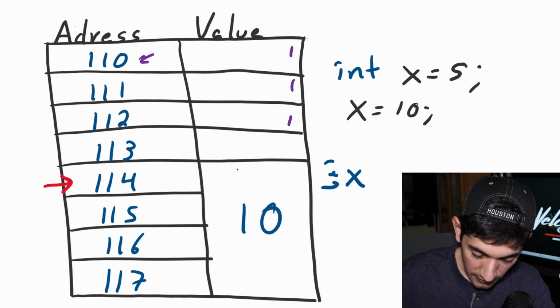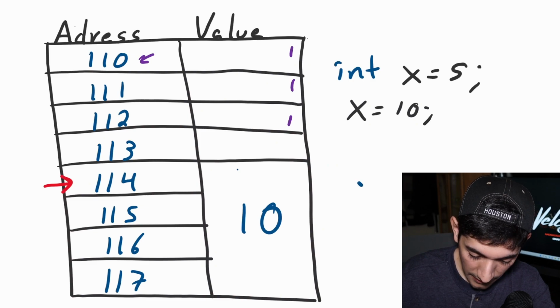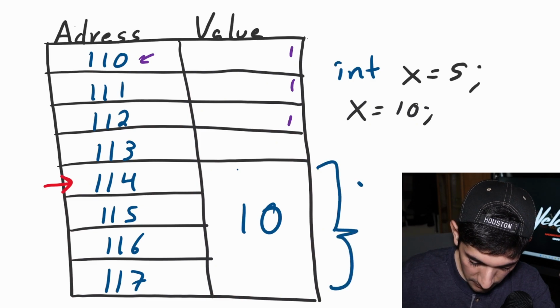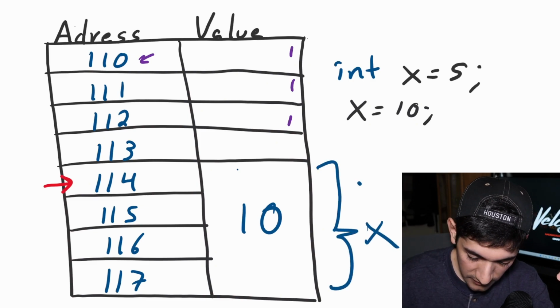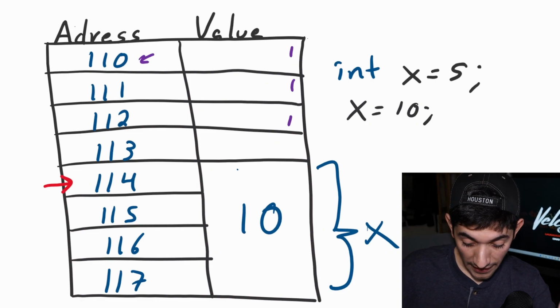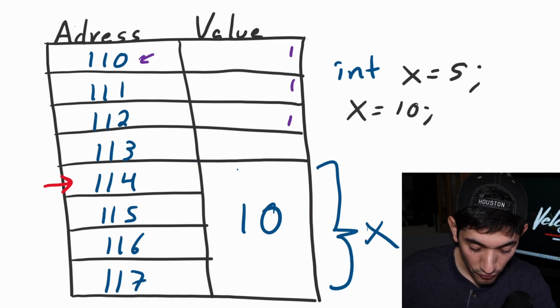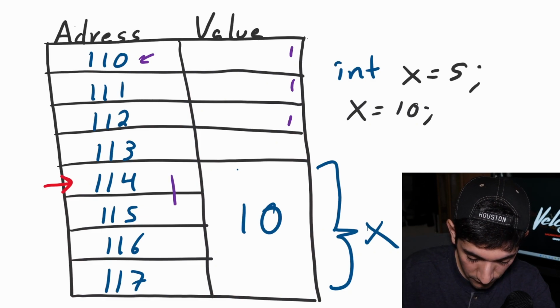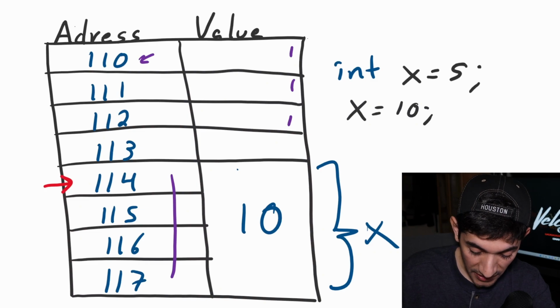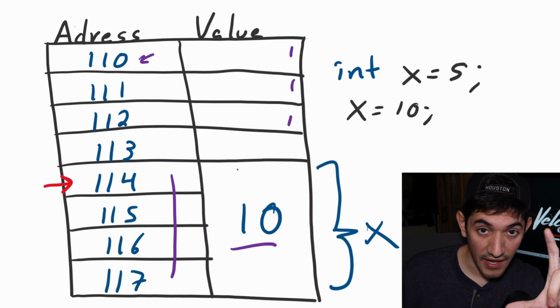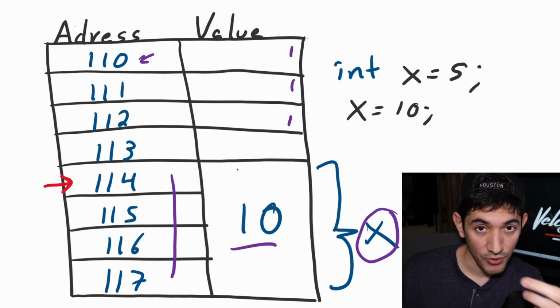So X, actually, let's also fix this. X looks like this in memory, right? This is how it looks, right? So X has 4 locations in memory from 114 to 117. So this 4 right here. And it has a value of 10. And those 4 slots, we're going to call them X, which is the variable name.